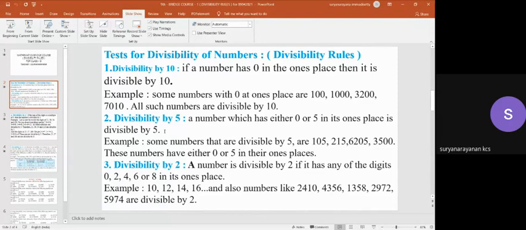Where should we concentrate in the given number? In ones place. Very good. If there is a 0 or 5 in ones place in the given number, then the given number is said to be divisible by 5. Okay, my children.